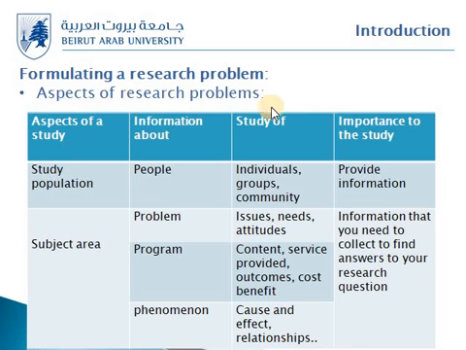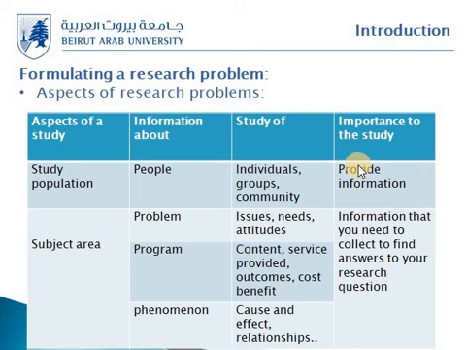The two main aspects are described in this table. So you see, people will provide the information, and then you can get information about a certain problem, program, or phenomenon. So you study the issues, attitudes, needs of people, or you can study the content of a certain program, the service provided, the outcome, its cost, certain causes and effects of a certain phenomenon.